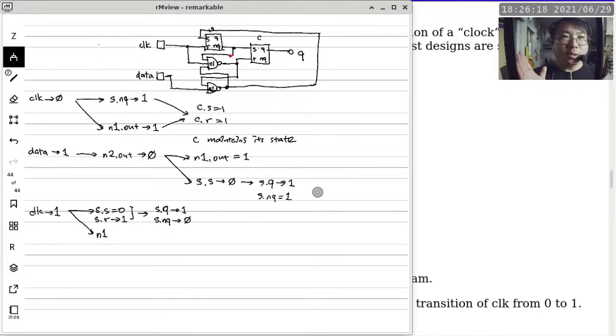We do not need to worry about NQ becoming a 0, because at the time when we analyze what N1 is going to do at this point, this is prior to NQ of S becoming a 0. So what we need to do is to figure out what S.NQ was doing from before. S.NQ was a 0 before from here.